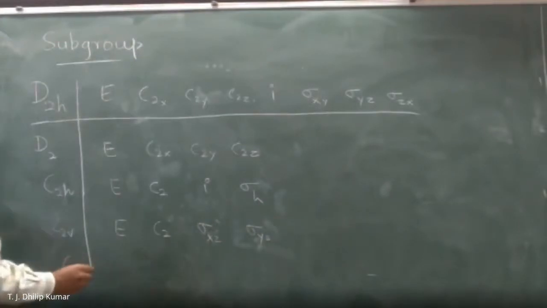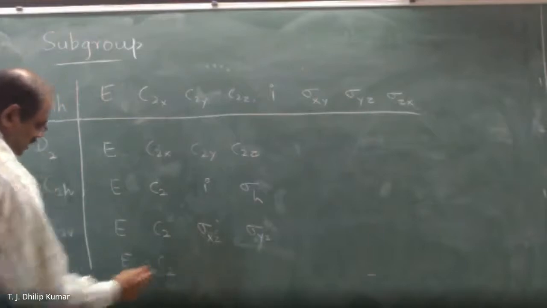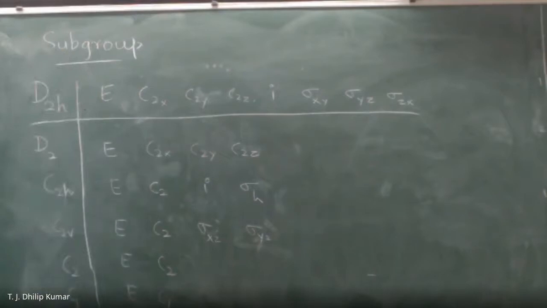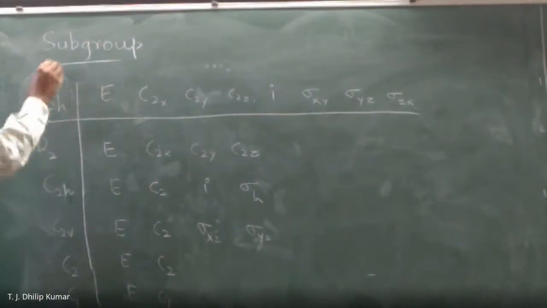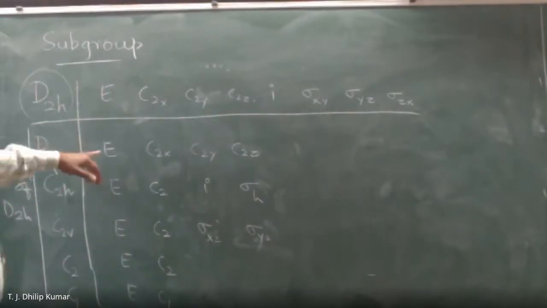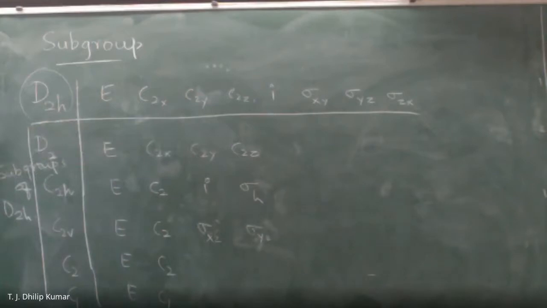And C2 is E and C2. And the simplest one is C1, which is just E. So these are various subgroups. C2h is a point group, but these are all called subgroups of D2h. Subgroup means the properties of groups are obeyed by certain elements which are part of the bigger group. So D2h is a group, and these are all subgroups.